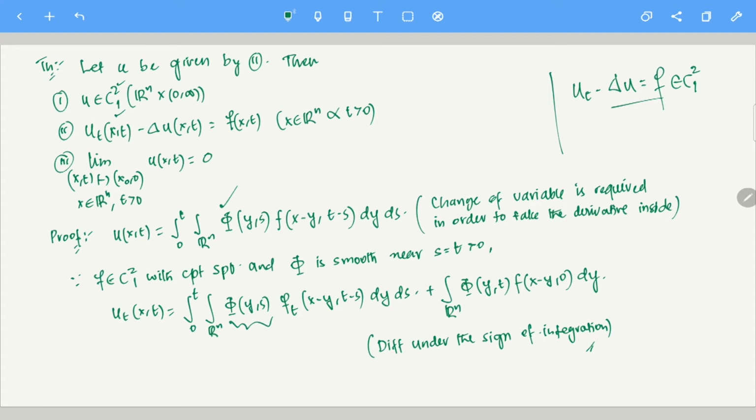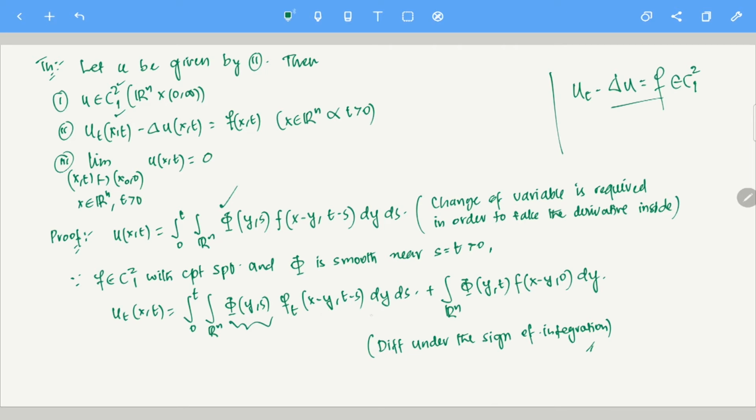Now I hope this formula is fine. And what happens at the point 0, 0, the derivative of 0 is 0, so that 0 point is not there. With respect to t, it is 1, so 1 times this whole function. So I just wrote that whole function. Of course it is evaluated at s equals t, so that is why t minus t is 0. If you remember differentiation under the sign of integration, this term is there, del f del t.